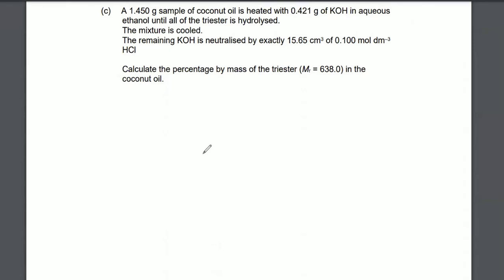Well, let's finish up. We've got another part to go, part C, and it's another amount of substance question. A 1.450 gram sample of coconut oil is heated with 0.421 grams of potassium hydroxide in aqueous ethanol until all the triester is hydrolyzed.